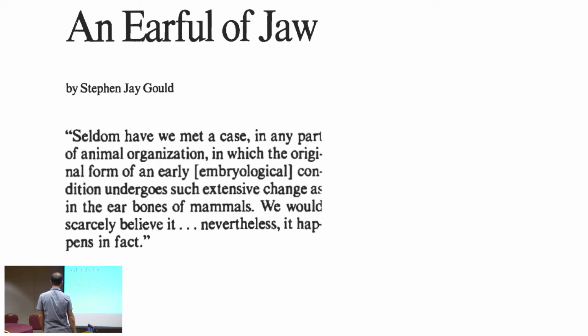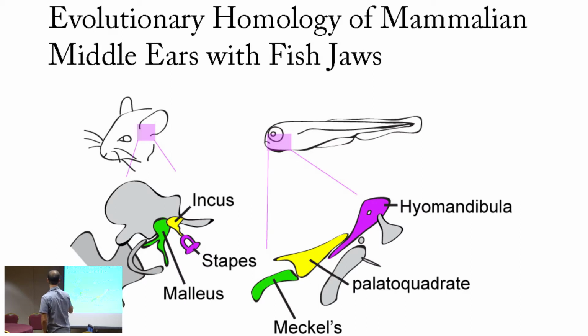Essentially what it means is that during vertebrate evolution, what was once the zebrafish jaw, these bones, have acquired a new function in mammals. We have a completely different jaw articulation than fish do.